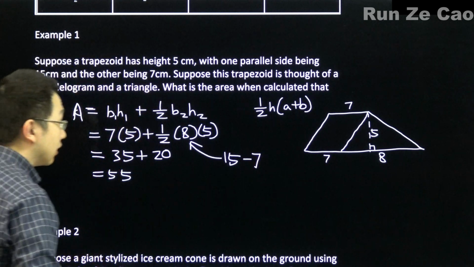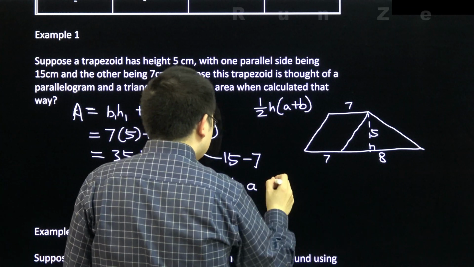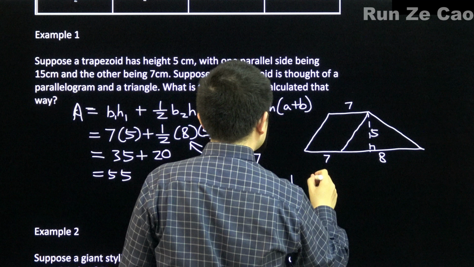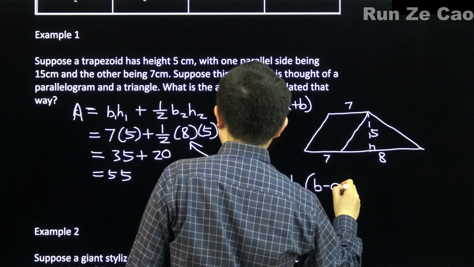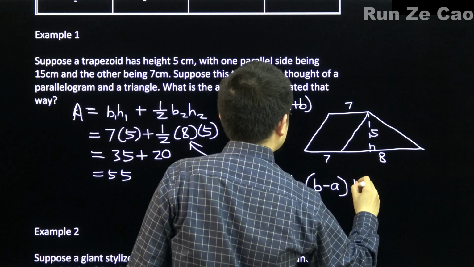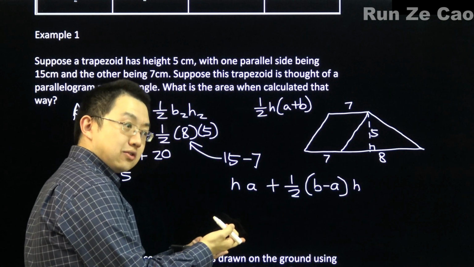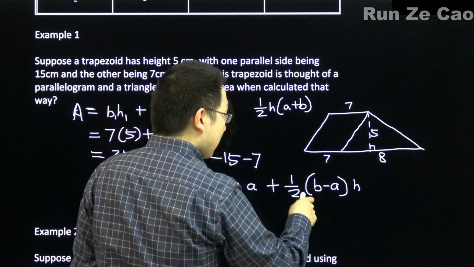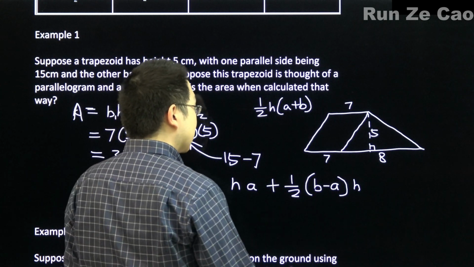So what we have here is height times A plus 1/2 B minus A times height. What happens here? Oh, HA minus 1/2 HA plus 1/2 HB.